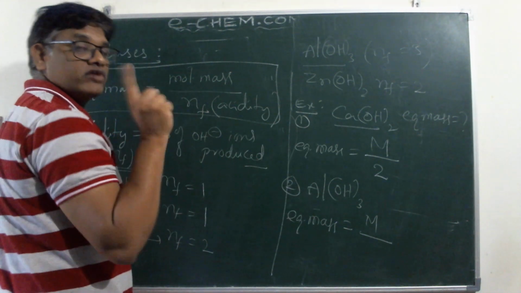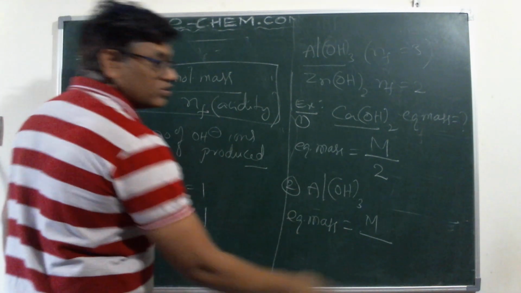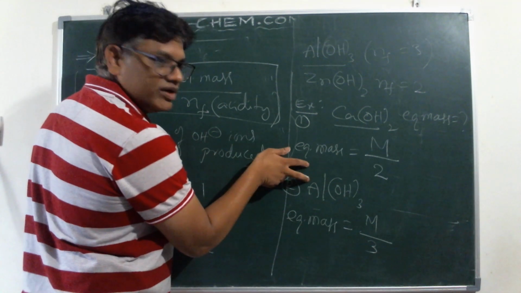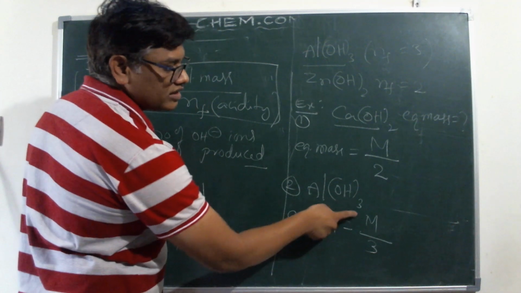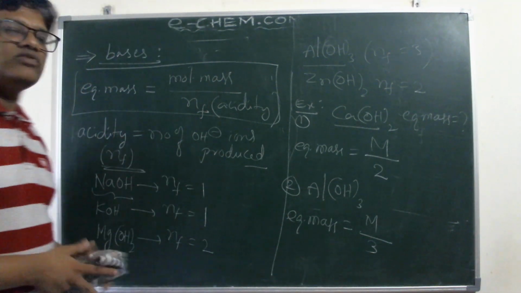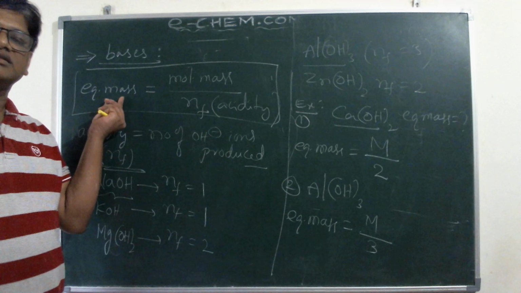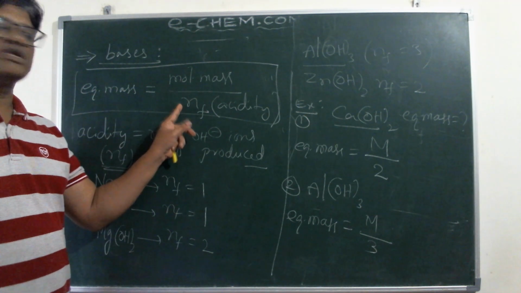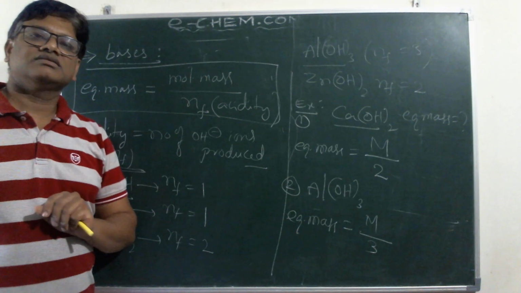For 1 mole of the compound, the number of hydroxyl groups is 3, so the equivalent mass for aluminium hydroxide is M by 3. Like this, we can calculate equivalent masses of the bases, taking their n factors with the help of molar masses.